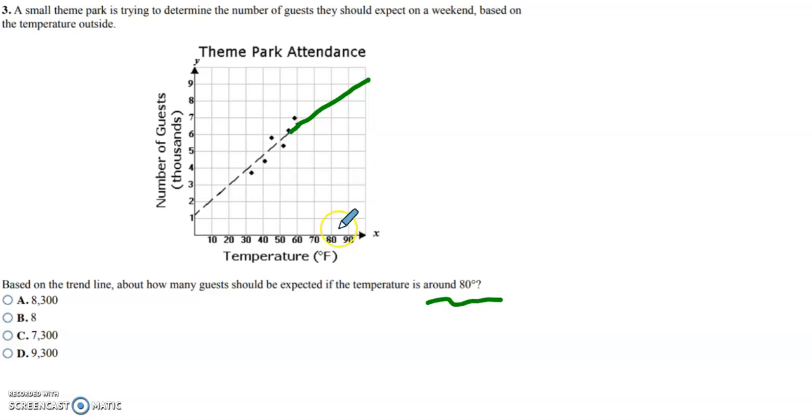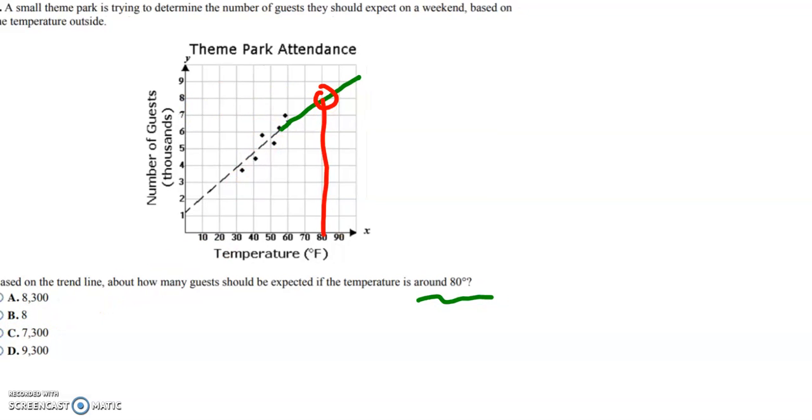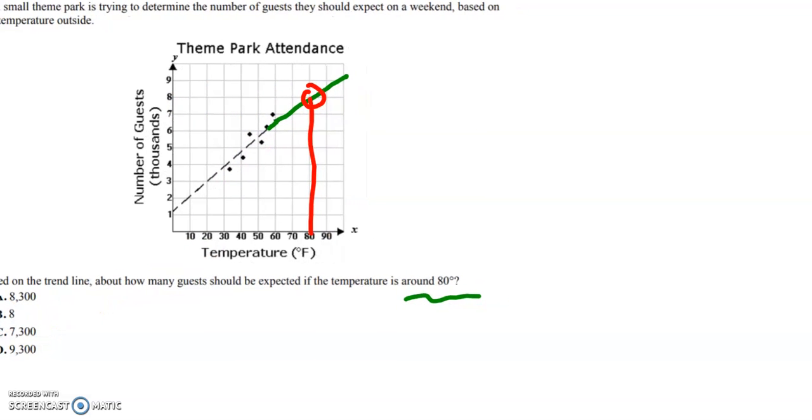Then I'm going to go to 80, and I'm going to see what approximately I think they should expect. And boom, it's right there. So it's right around the 8. Okay. Do they expect 8 people that weekend? Heck no. We know that 8 represents the number of thousands.